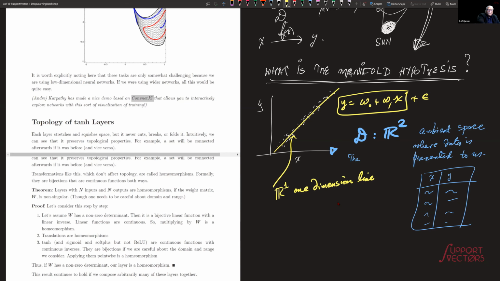Now, look at an alternative data set. If the data set is like this, so let me call this data set A, data set B.